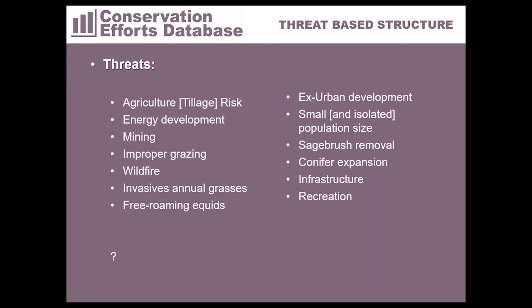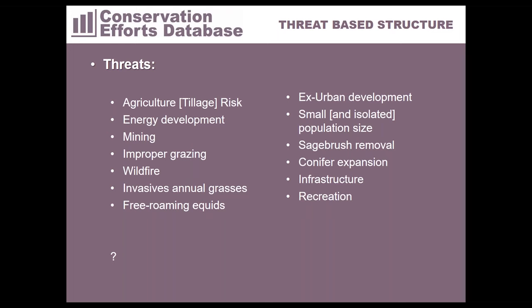So, what are the threats we're talking about? The COT report identified 13 threats. Agriculture or tillage risk. You'll often see this referred to in the CED as agriculture conversion. We're talking about row crops and things like winter wheat.